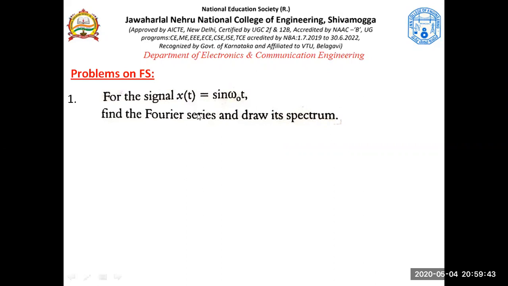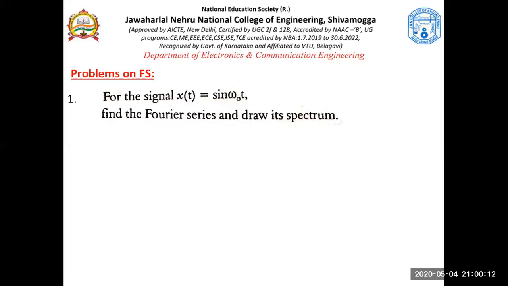What is Fourier series? Fourier series is expressing x of t in terms of complex exponentials. Then from those complex exponentials we need to extract the coefficients and draw its spectrum. What is spectrum? X of t is a signal in time domain, and when it is taken into frequency domain, the frequency components are separated.